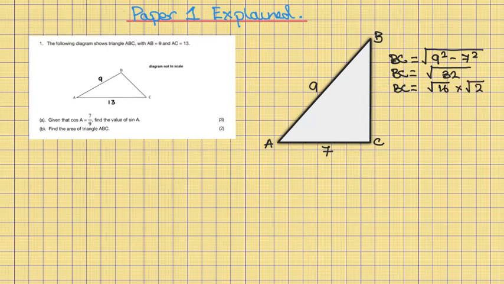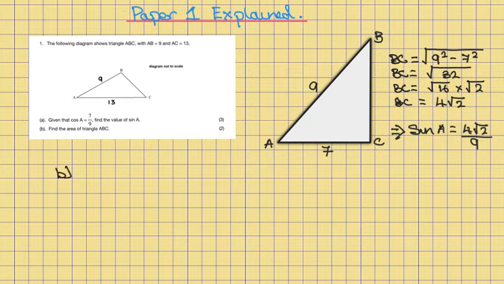We know what the square root of 16 is. So BC is equal to 4 root 2. Therefore, sine A is equal to 4 root 2 over 9.